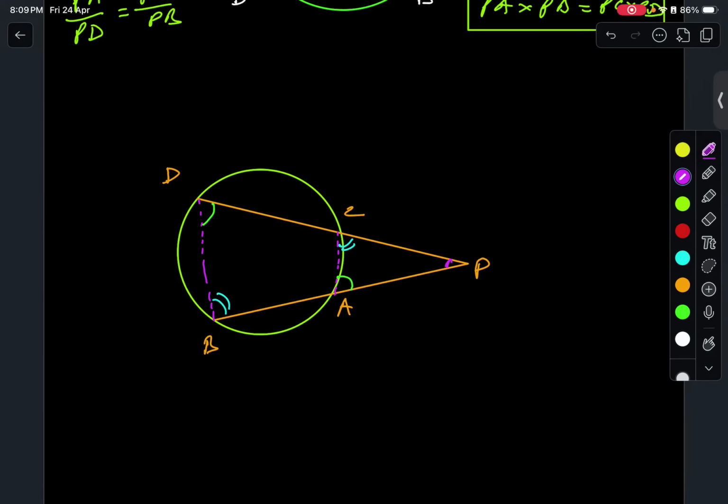So again, with the similar triangles, I can say PA into PB is equal to PC into PD. Right? PA into PB is equal to PC into PD.